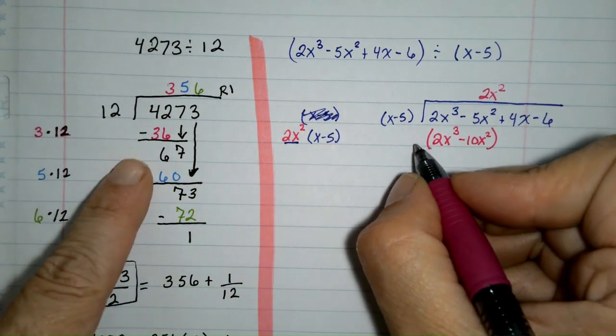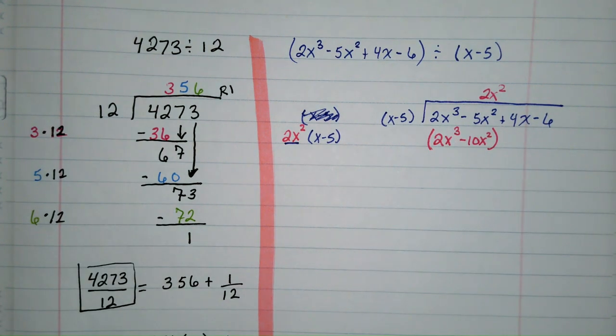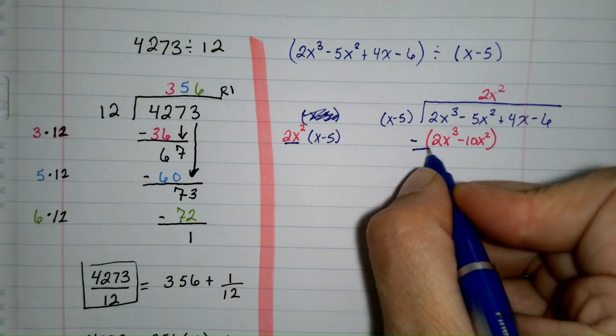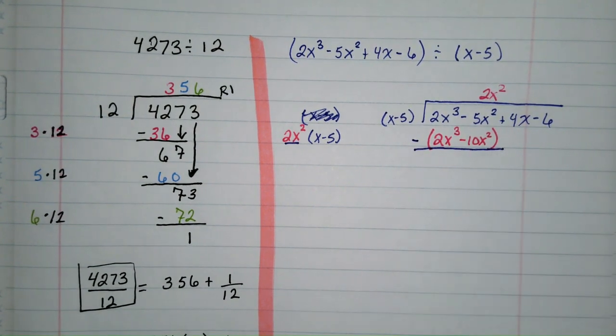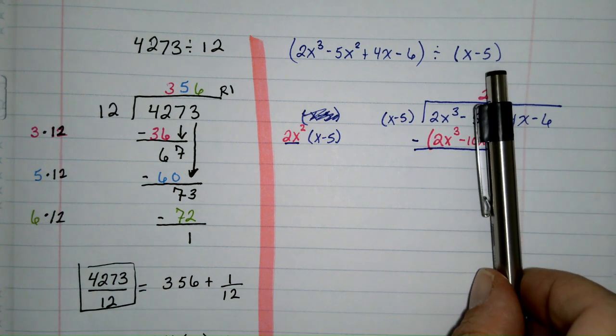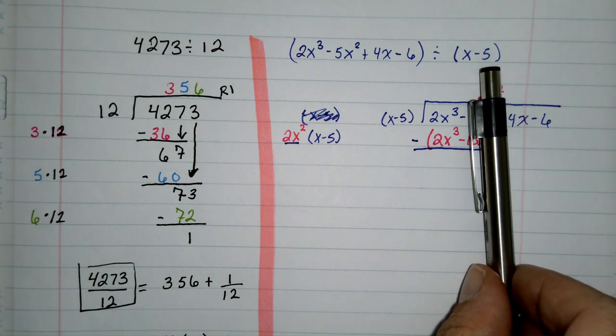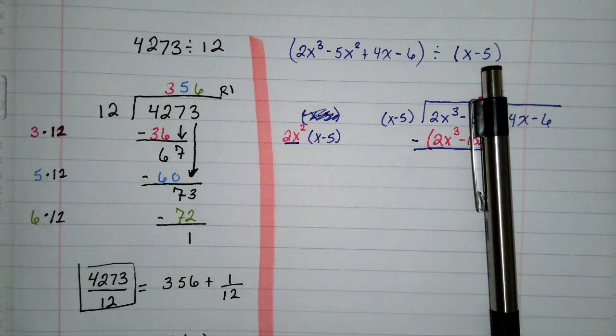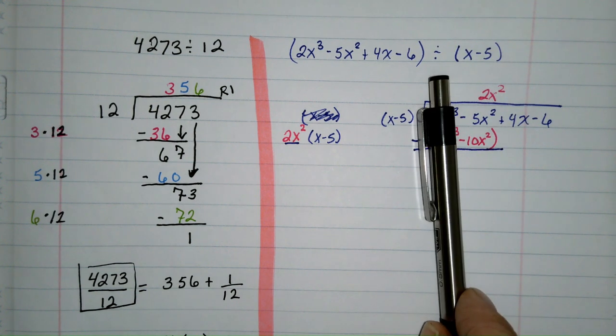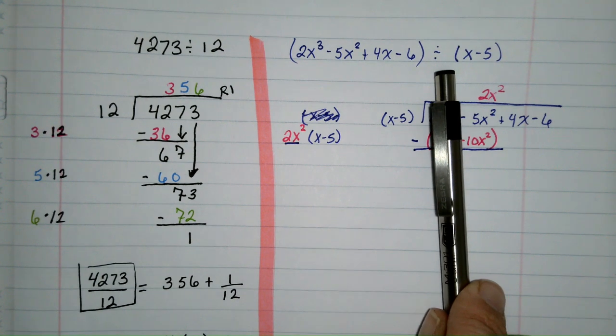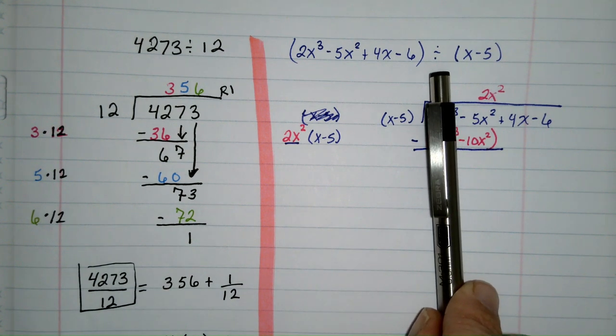Okay, and then we're going to subtract. Now here's where the biggest mistake happens, is sign errors. So be careful. The first thing we're going to do is 2x cubed minus 2x cubed, and that goes away. Then negative 5x squared minus negative 10x squared.